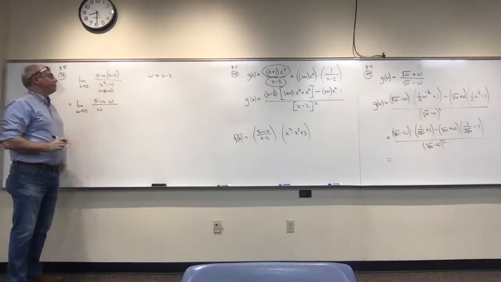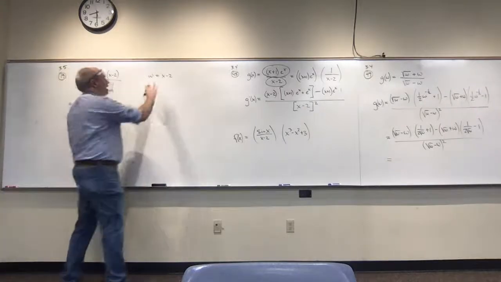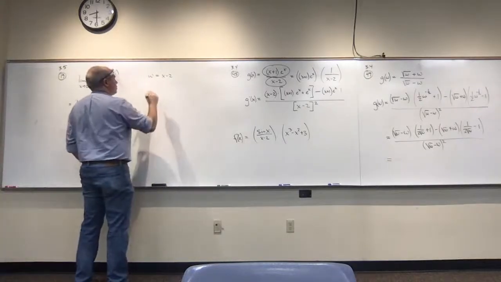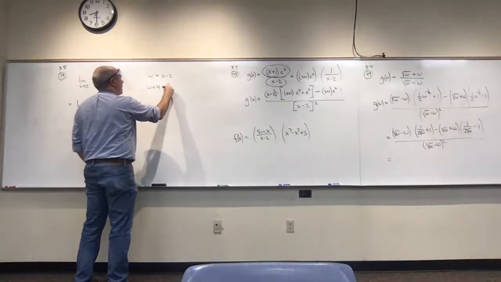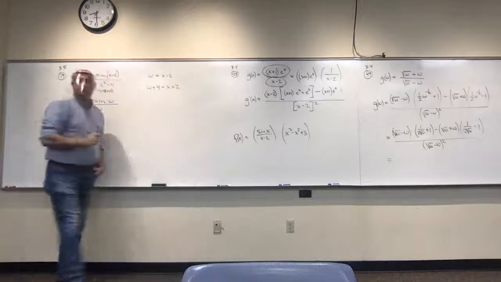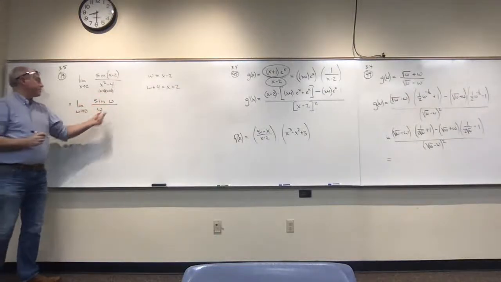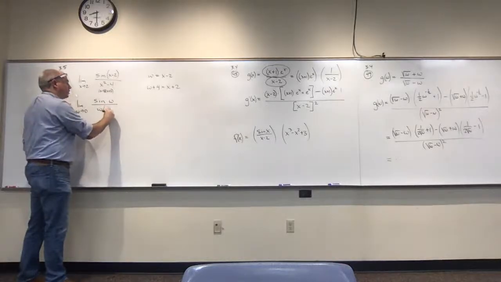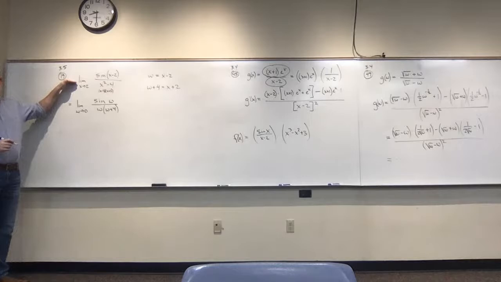X plus 2 is what? If I added 4 to both sides of this equation, then I'd get that w plus 4 is x plus 2, correct? So x plus 2 is the same as w plus 4. And so this is exactly the same thing as this.